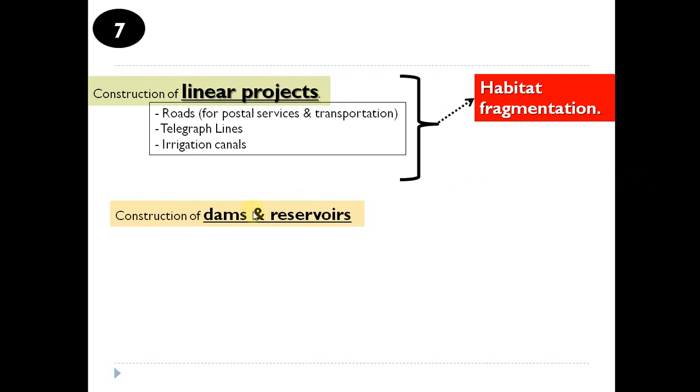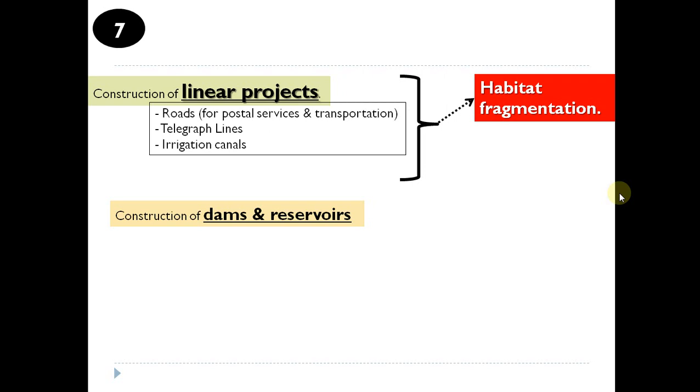Construction of dams and reservoirs. If you have to maintain cities of lakhs of people, you need to make sure that there is water for daily usage. As British control across India grew, they constructed large cities.